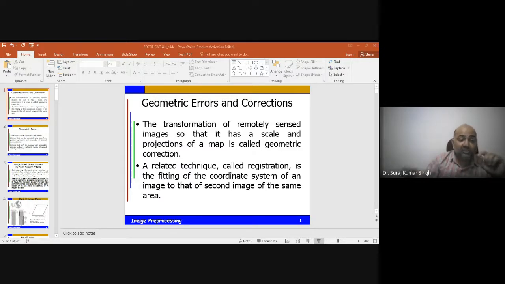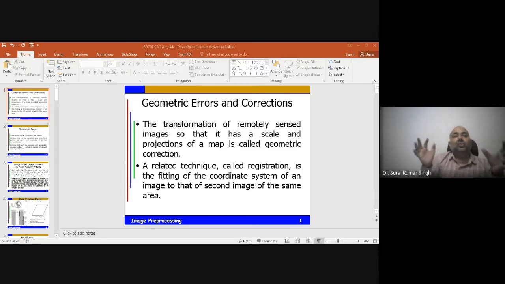So what it does, it decides the pixel brightness value for each and every pixel that has been relocated or readjusted according to its original location. So what it will show is that a pixel in the rectified output image often requires a value from the input image pixel that does not fall neatly on a row and column coordinate.